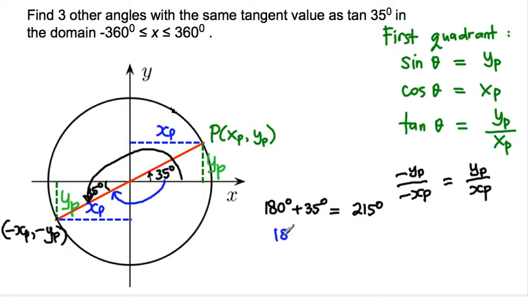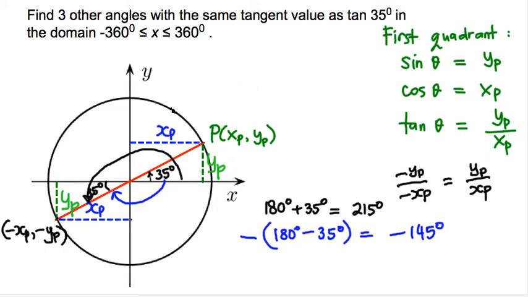That's the size of the angle. However, I know that I have gone to the clockwise direction, which means I will have a negative angle. So then I know that the size of the angle, the measure of the angle is going to be negative 145 degrees.